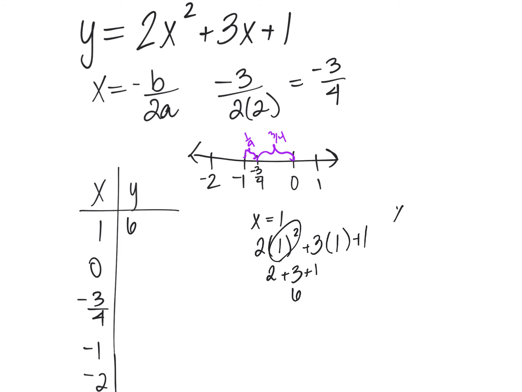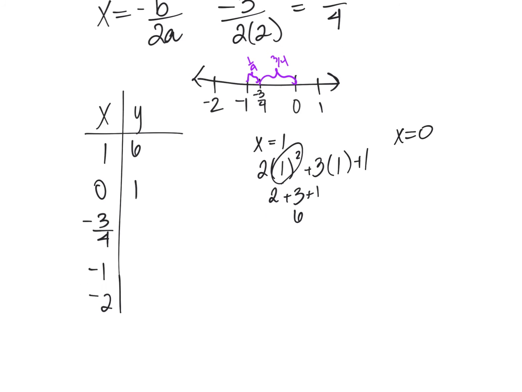Oh, but now you have to square 3/4. We'll do that last. What do we get when I plug in 0? 1. We'll do negative 1 and negative 2, and then we'll do the fraction at the end.